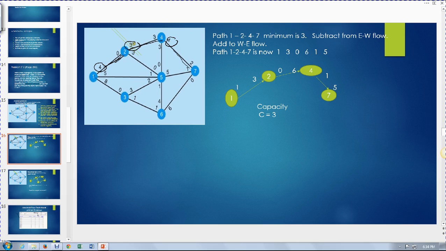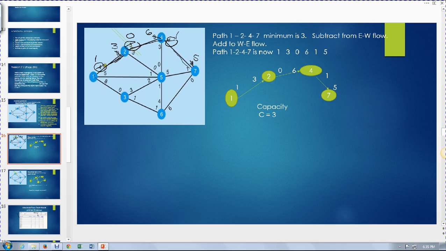And we then subtract that minimum from all of the forward flow capacities. And we add that minimum to all of the reverse flow paths.